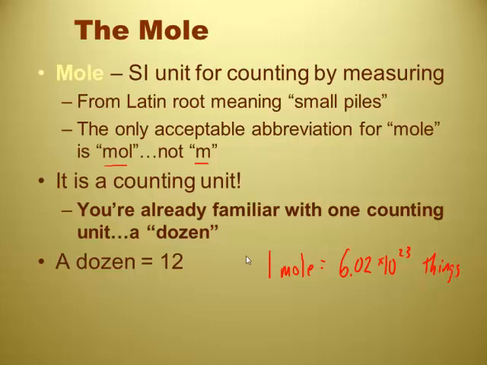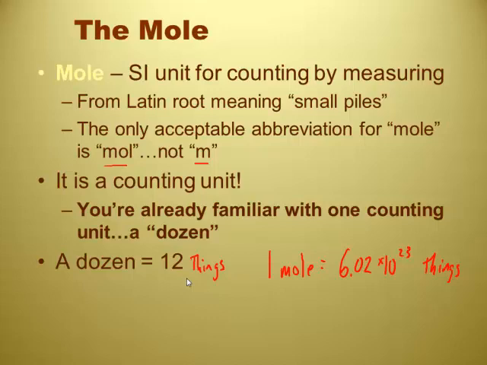If I go to the store and buy a dozen eggs, I've got 12 eggs. If I buy a dozen shoes, I've got 12 shoes. So the mole has a certain quantity to it. If we tell people we want 1 mole of something, chemists will know what we mean, or people who took chemistry.